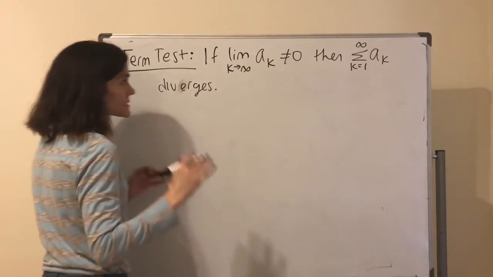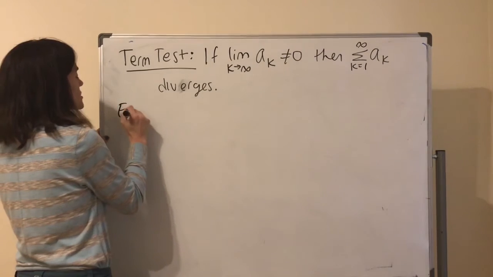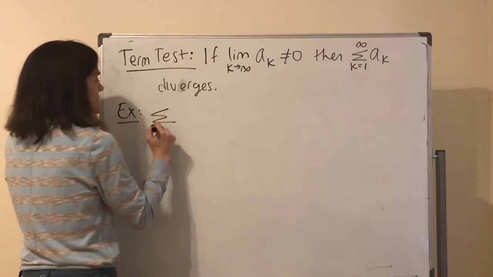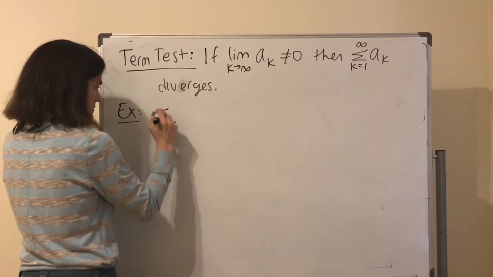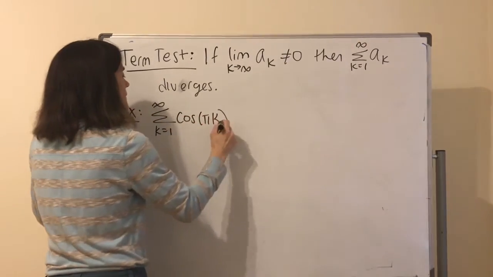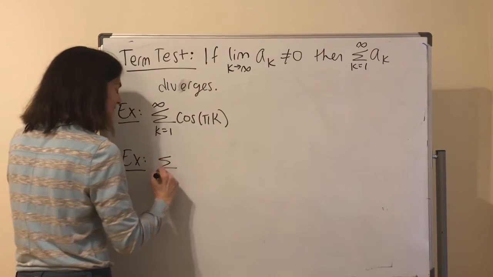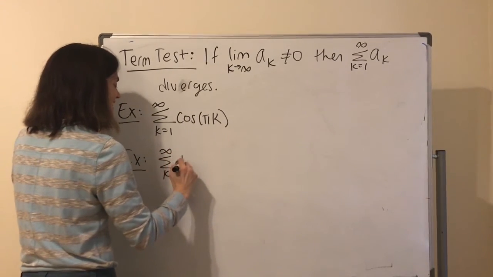And this is, as I mentioned, one of the easier tests to use because let's just do a few. This we've seen was what? Cosine of pi k. And then this one we have seen, of k.